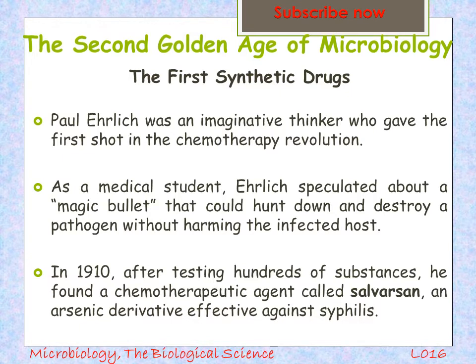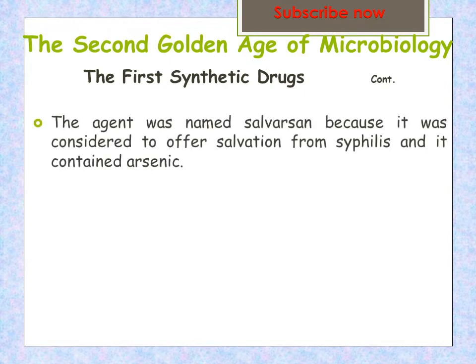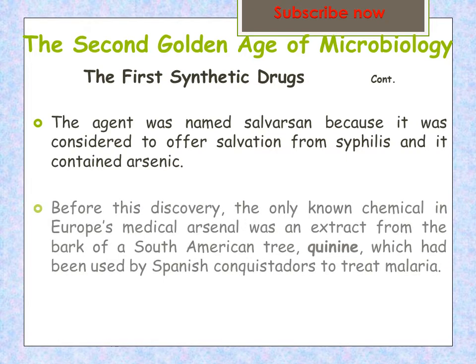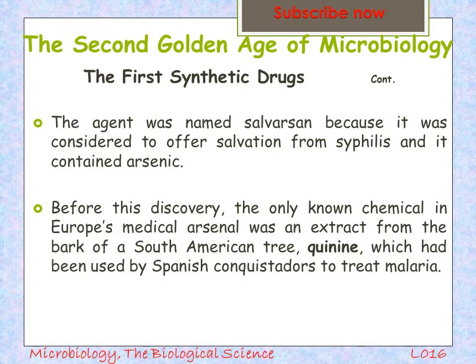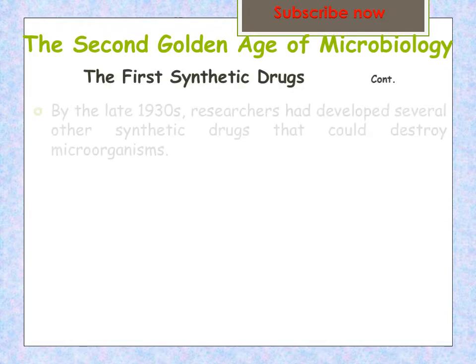The agent was named salvarsan because it was considered to offer salvation for syphilis and it contained arsenic. Before this discovery, the only known chemical in Europe's medical arsenal was an extract from the bark of a South American tree, quinine, which had been used by Spanish conquistadors to treat malaria. By the late 1930s, researchers had developed several other synthetic drugs that could destroy microorganisms.